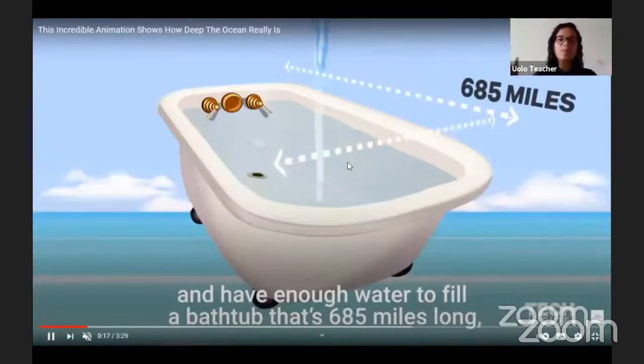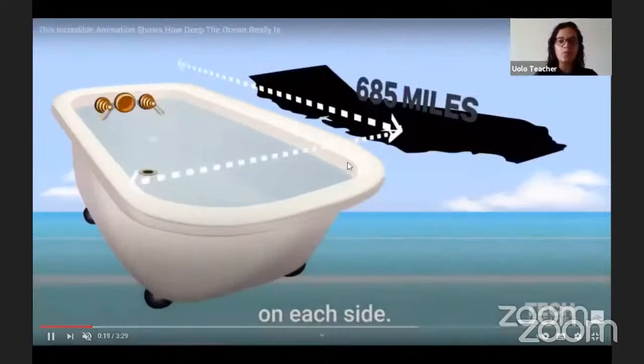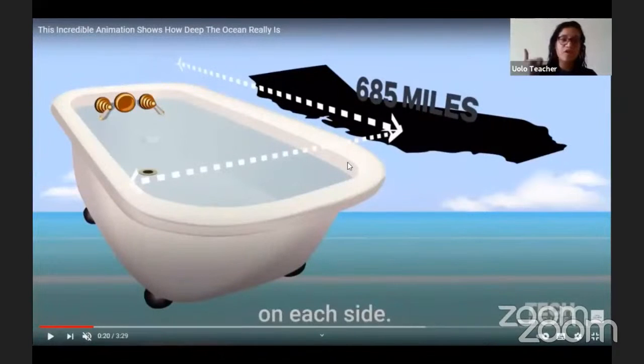That big a bathtub can be filled with the water that we have on our Earth, in our oceans, rivers, lakes, all put together, comprising 99% of water. Will we remember that? Okay, good job. Let's go ahead.